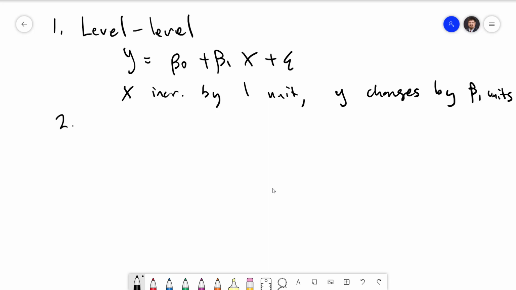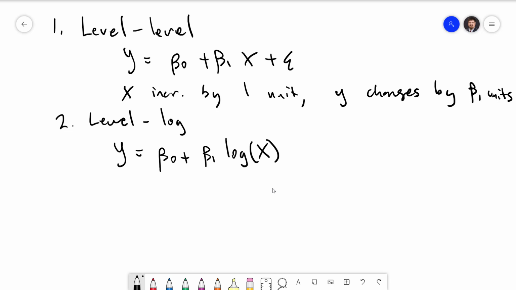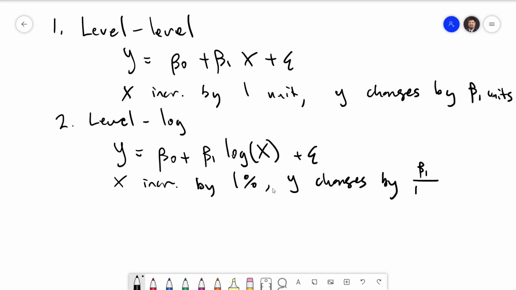Next, we have the level-log model. Here we have a regression of y on not x anymore, but the log of x. Log being short for natural logarithm. Here, if x increases by 1%, then y changes by beta 1 over 100 units.